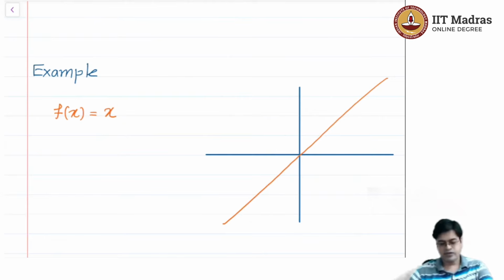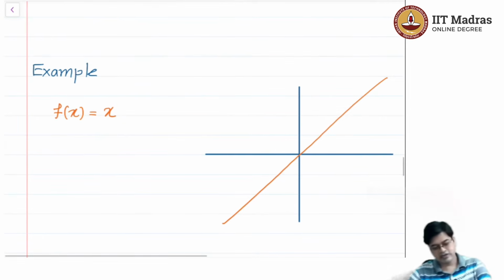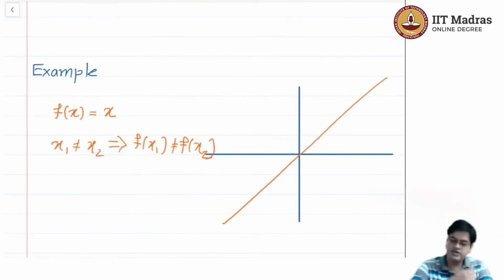No. Therefore, this function is actually one-to-one because x1 not equal to x2 implies f(x1) is not equal to f(x2), which is more or less expected, right? Because f(x) is equal to x, therefore x1 not equal to x2 gives f(x1) not equal to f(x2).